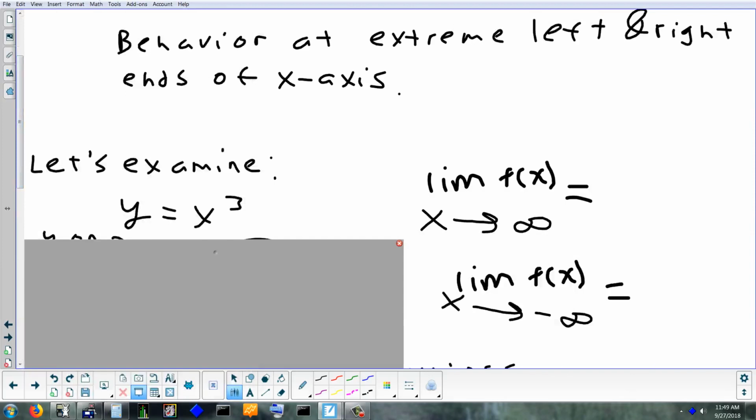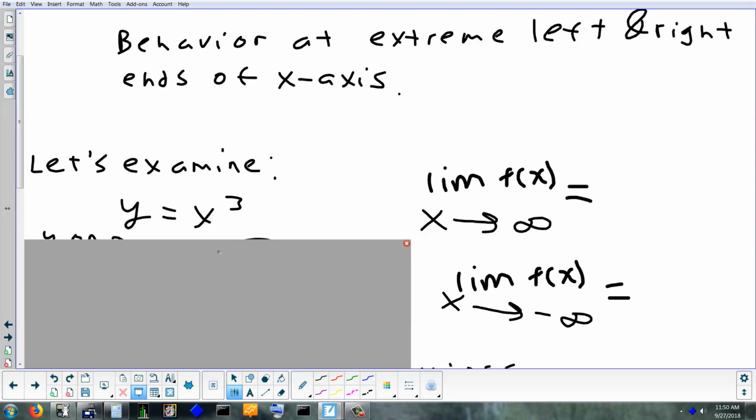Let's start by describing it this way. On the right-hand side, this is called limit notation. If I read that to you formally, exactly the way it's written, it says, what is the limit of f of x as x approaches infinity equals, and the bottom one says the limit of f of x as x approaches negative infinity equals.